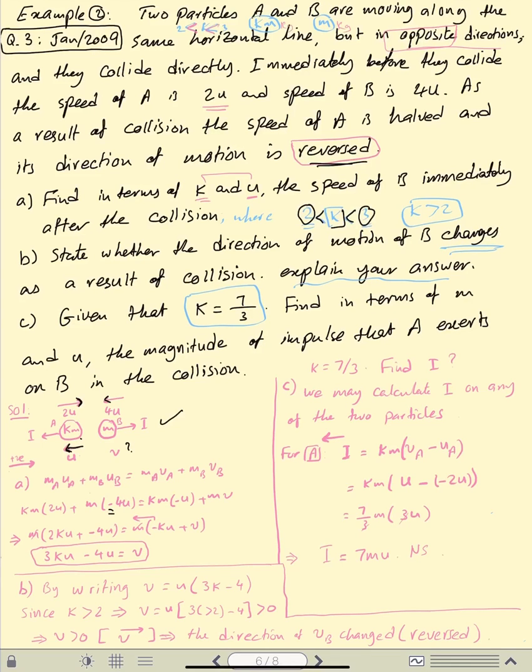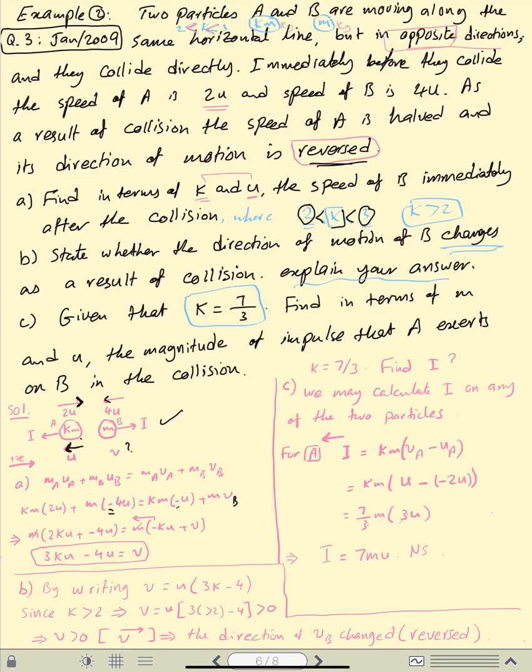If you write the signs and the quantities correctly, you get the answer easily, even if the question looks weird or challenging. Is equal to Km, particle A, times negative U because it's reversed. It was this direction, it is this direction, plus the mass of particle B, M, times VB, which is V.